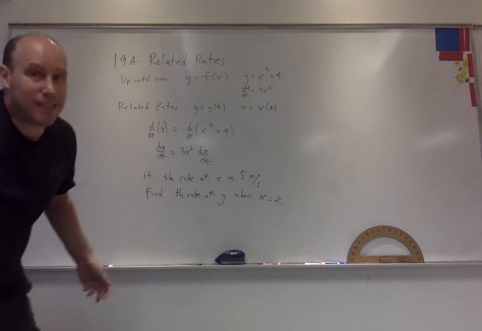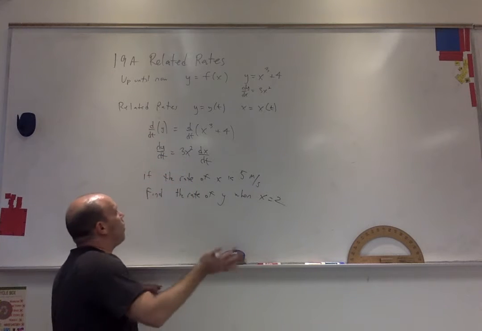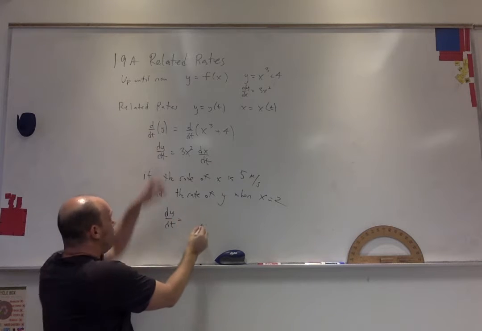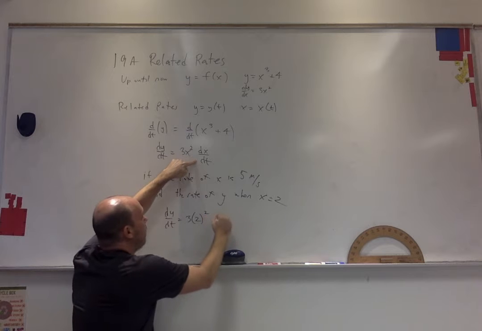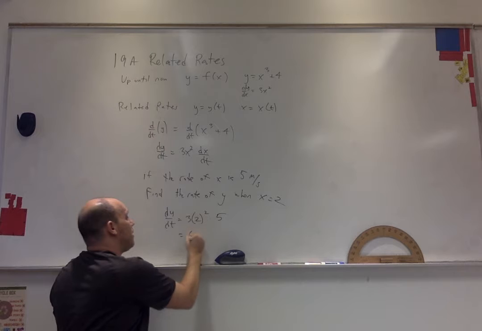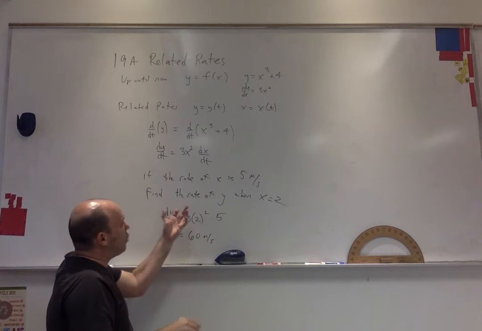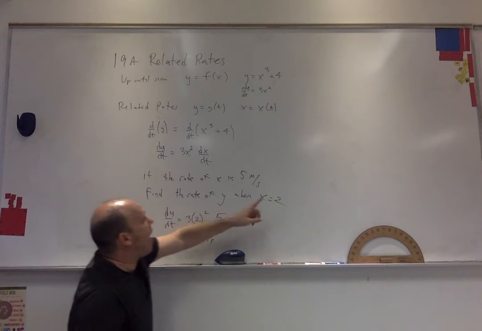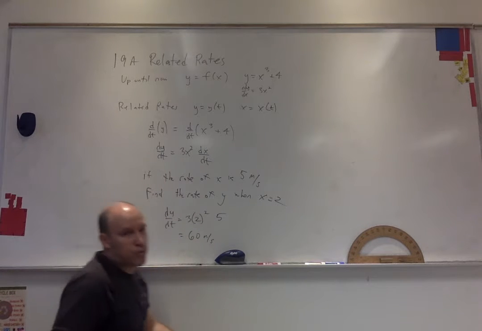This is simply substituting and solving an algebra equation. So you know that dy/dt is equal to 3 times 2 squared times 5. 4 times 5 is 20, 20 times 3 is 60 meters per second. So when x is changing at x equals 2, the rate is 60 meters per second.